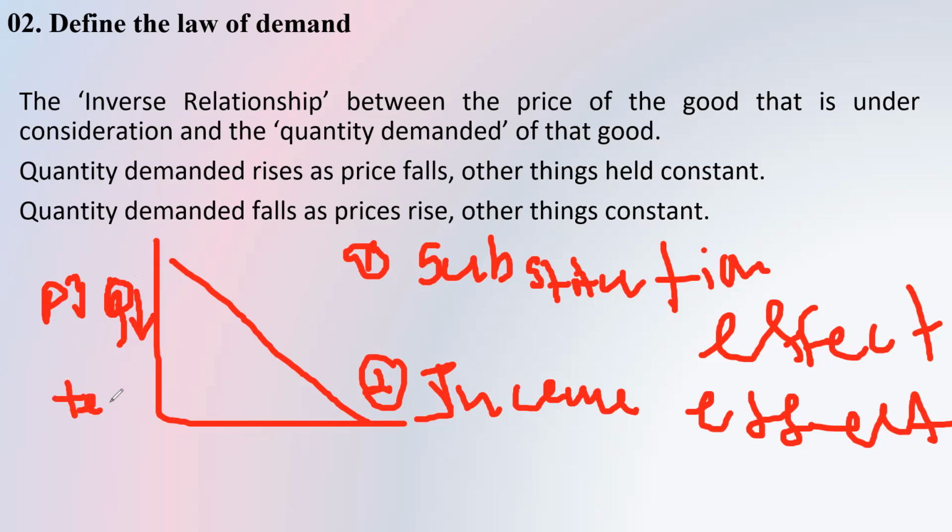When the price of tea increases, those who are consuming tea will shift to a substitute market, maybe the coffee market. Because of this price increase, they will search for substitutes, and then they will shift to the coffee market. So that will lead to a decrease in the quantity of tea.